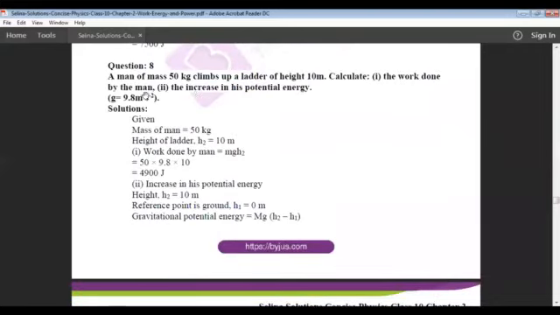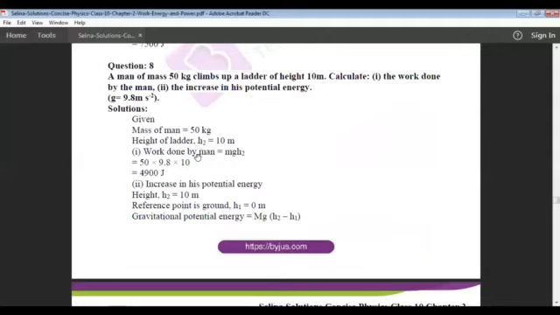Okay. Eighth one. A man of mass 50 kg climbs up a ladder of height 10 meter. Calculate the work done by the man and the increase in his potential energy. First one, work done. Work done will be equal to mg into h2. See here, mass of the man will be 50 kg and height of the ladder is h2, that is 10 meter.